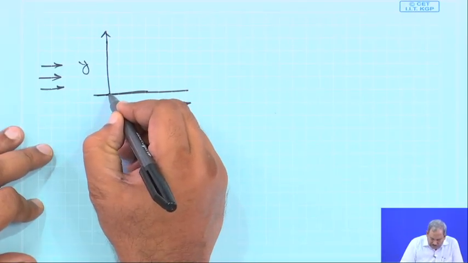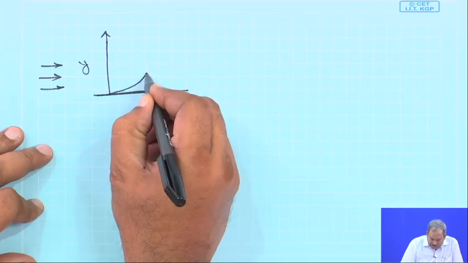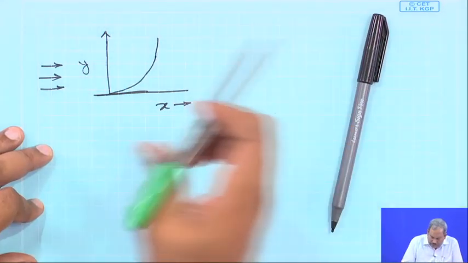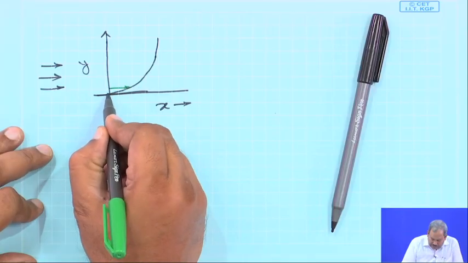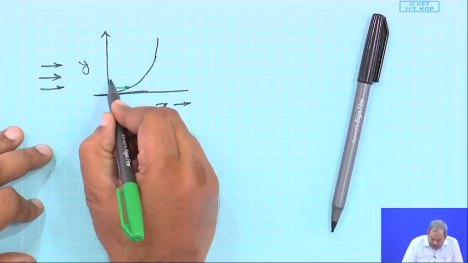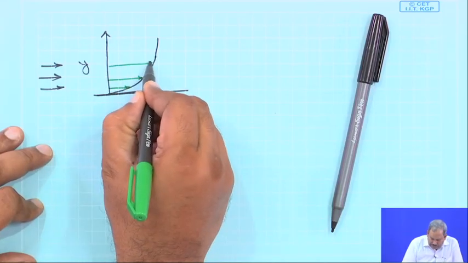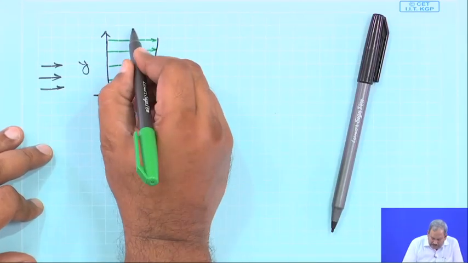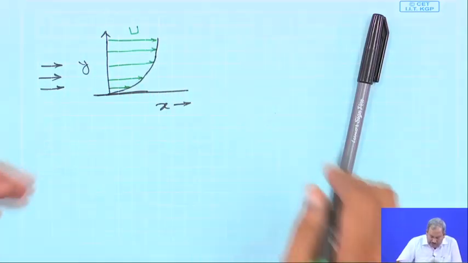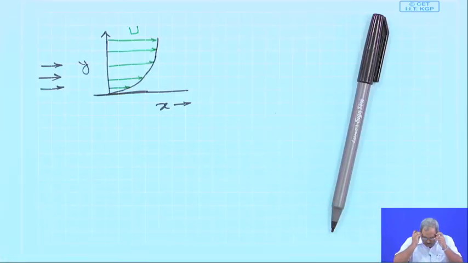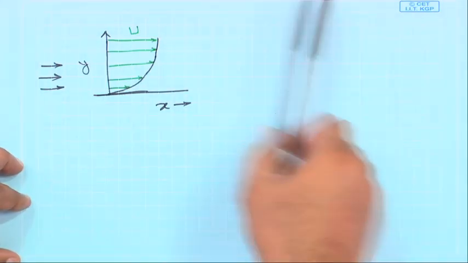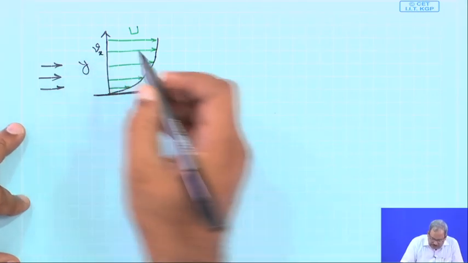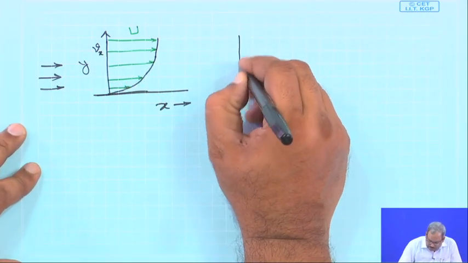The velocity profile is going to be something like this. The velocity is 0 over here and it keeps on increasing as you move in this direction, and ultimately the velocity here is going to be equal to u. This is the velocity in the x direction, which is being plotted.